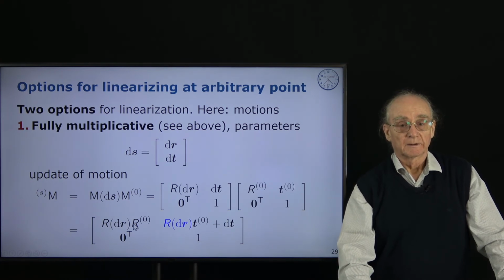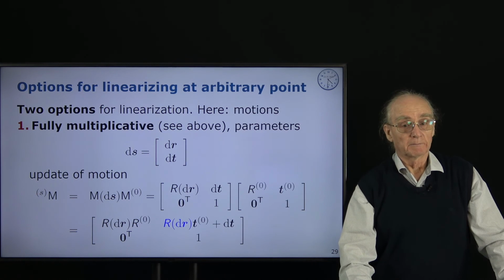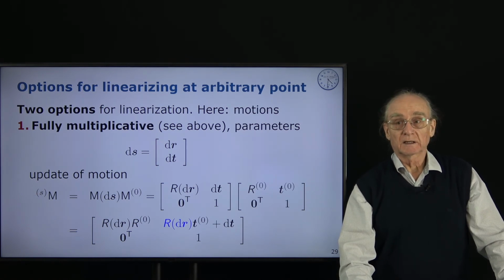Multiplying out, we get the approximate rotation, multiplied from the left with the small rotation. And here we get r of dr multiplied with t, plus dt. So we don't obtain t plus dt, which we would expect, but the rotated t0, rotated with the small rotation depending on dr. So some people might not like it and just say, I do it differently.